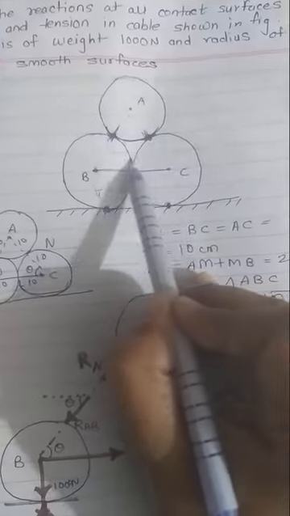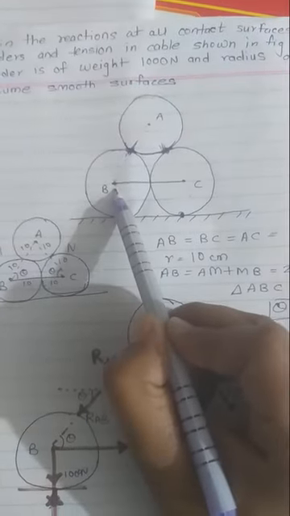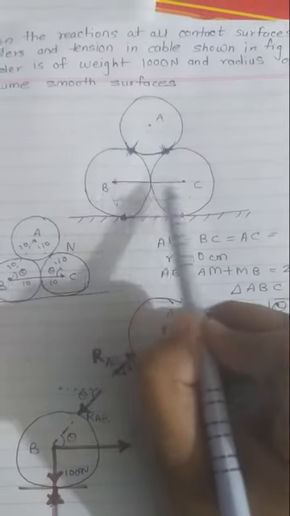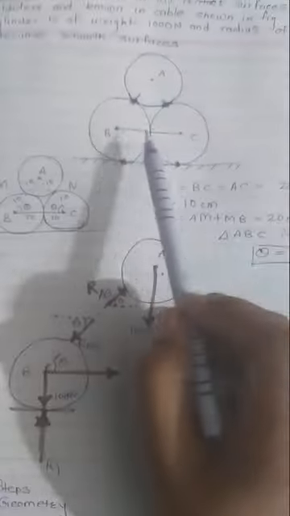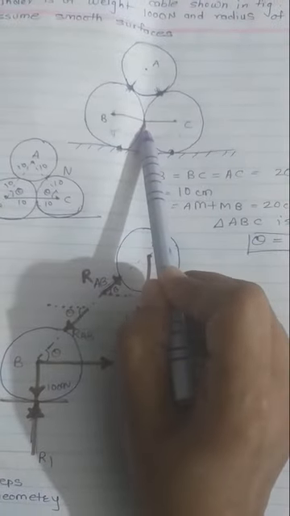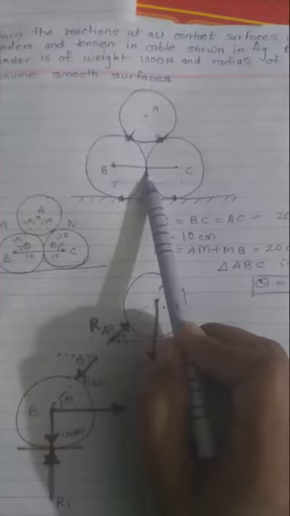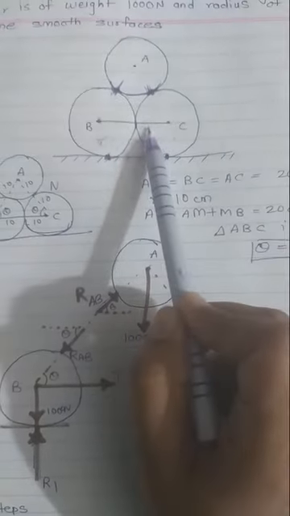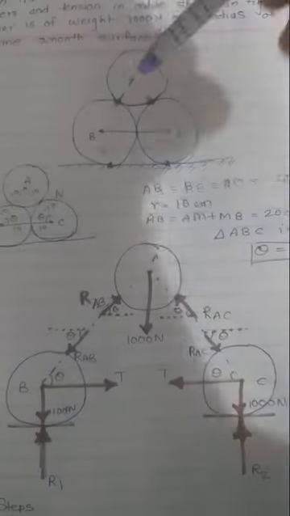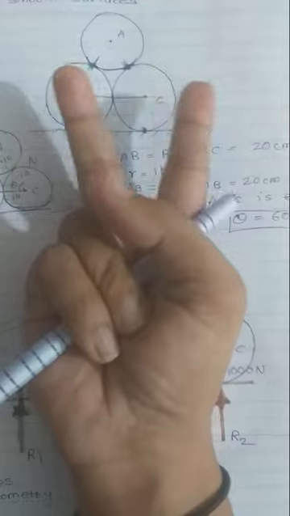There is one more thing we can say, there is cable BC attached for these two spheres. So whenever there is a cable attached, we don't need to show the contact reaction. There is no need for a normal reaction, as we have already said it is attached with a cable. That means if it is going to pressurize these two spheres, these two spheres are going to spread.